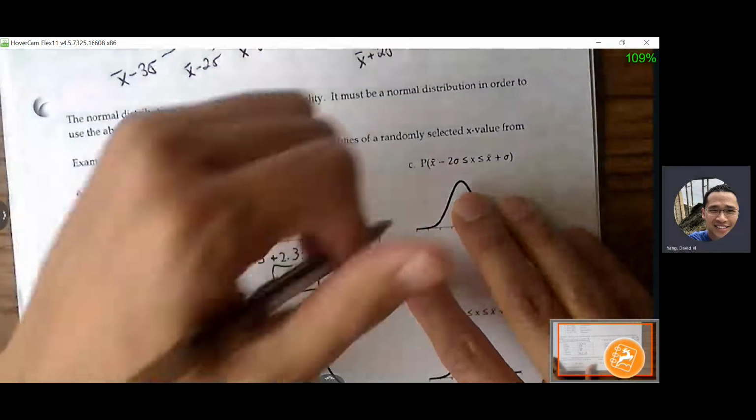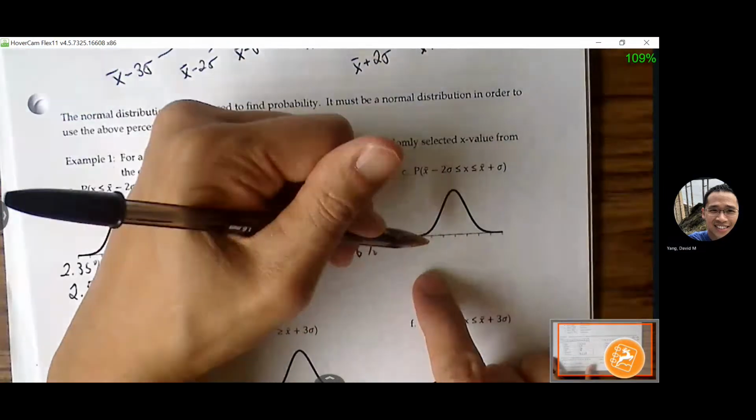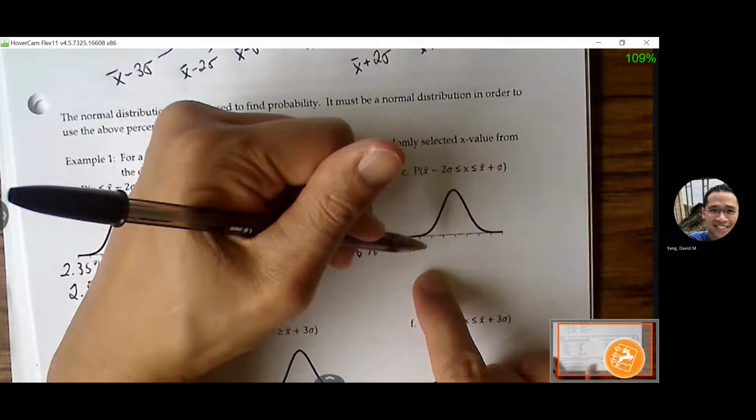Now, what does this notation mean for C? Everything between, sorry. Okay, my screen froze. But everything between x minus 2 sigma and x plus 2 sigma.